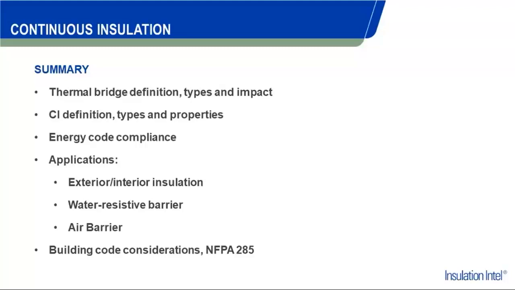Energy code compliances, we've looked at applications. Again, continuous insulation can be installed in the interior or exterior depending on your building type or the scenario. We looked at water-resistant barriers. We've discussed what air barriers and water-resistant barriers are, how important they are in the systems, and then just some building code considerations. And we reviewed some NFPA 285 information as well.